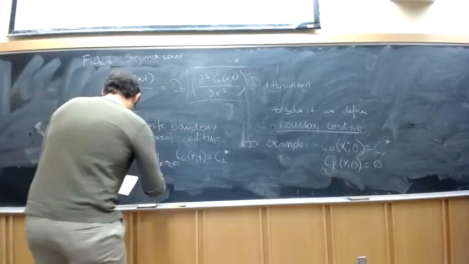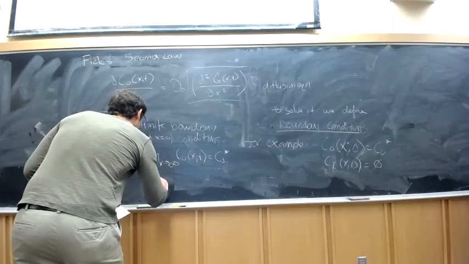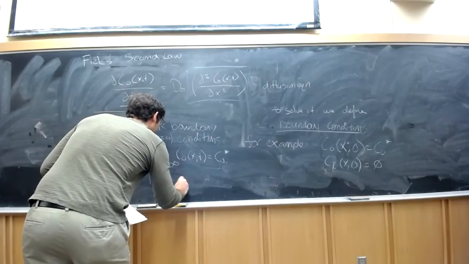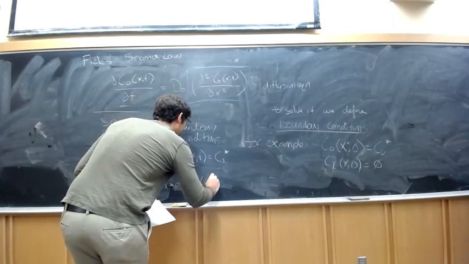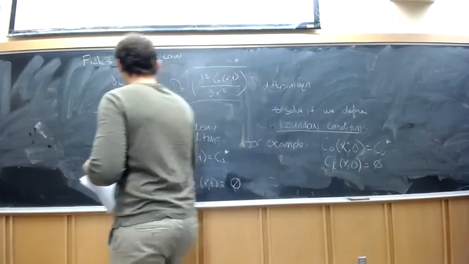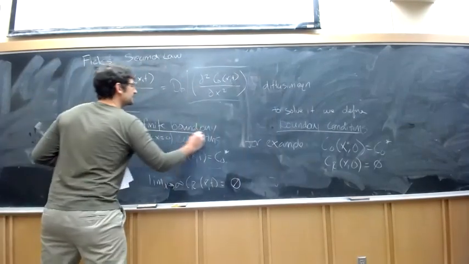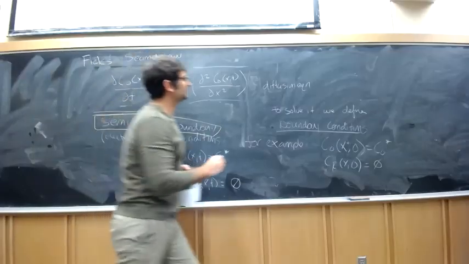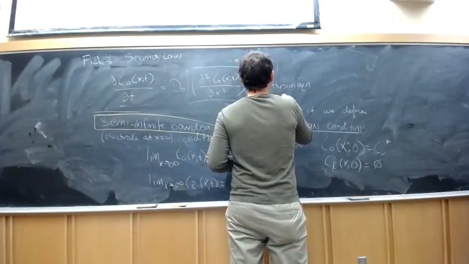And I might define the same thing for R, like the limit as x goes to infinity of C_R(x,t) for all time equals C_R star, which is 0. So this is a semi-infinite boundary condition. This is an initial condition.